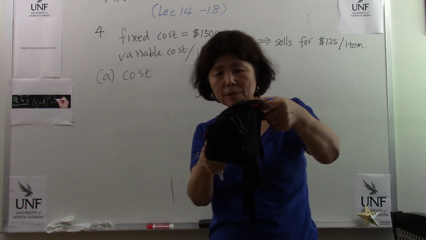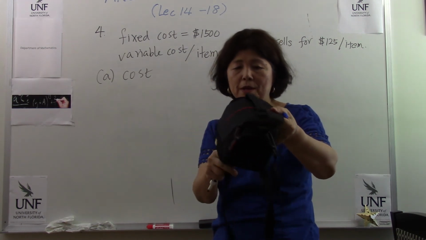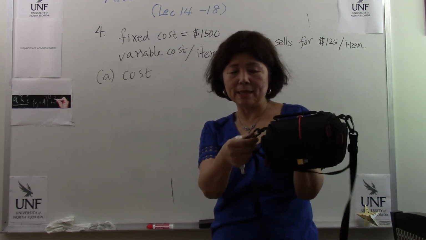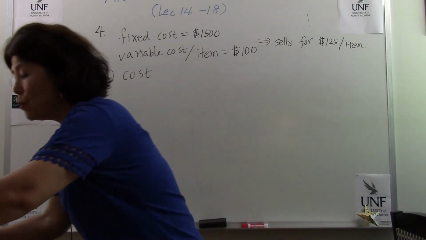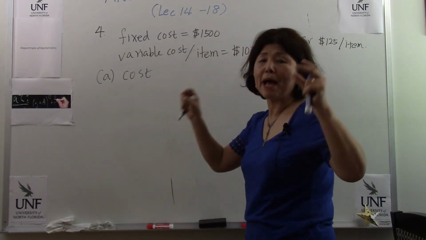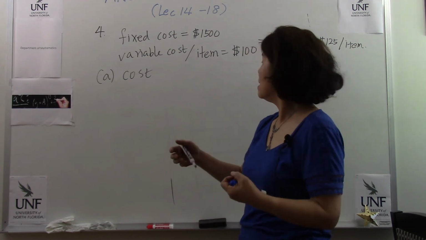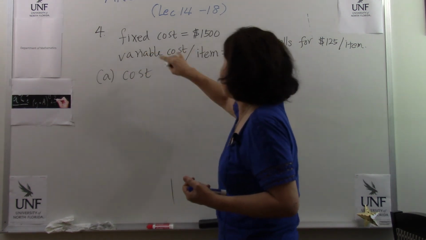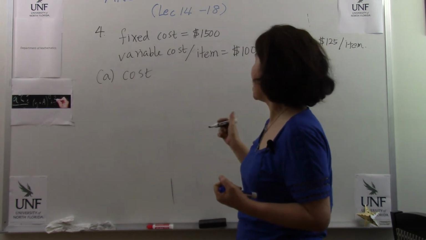But for example, here there are some kind of plastics, the zippers, some accessories attached over here. So in order to make this bag, you need to buy material and you have to have people to make this, all right? So that is called the variable cost. That's why it's per item. That is $100.